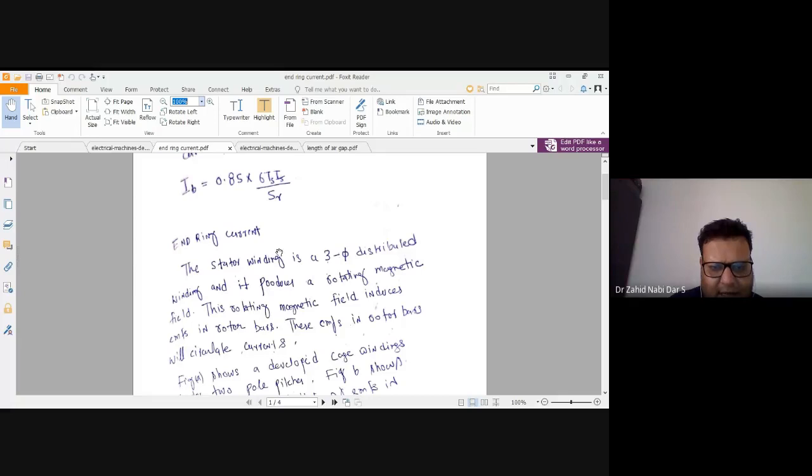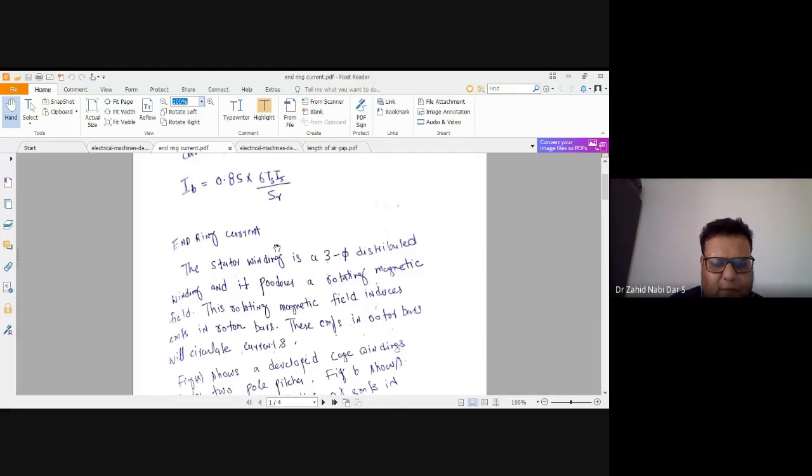So what is this end ring current? This is basically the stator winding which we are connecting in an induction motor, which is connected to the main supply. So that is one of the reasons also when we are discussing induction motors, or for that matter transformers, it is a singly fed machine because you're feeding it from the input side.